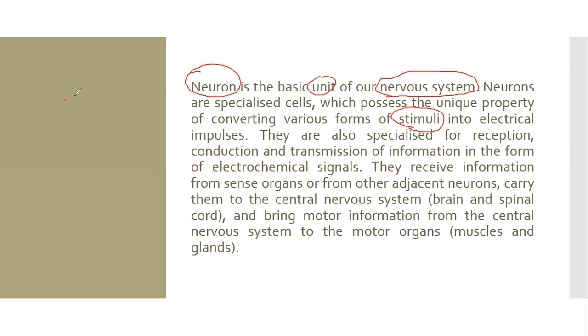For example, a human being has five sensory organs: the skin, ears, eyes, tongue for taste, nose for smell. These five sensory organs will receive information.